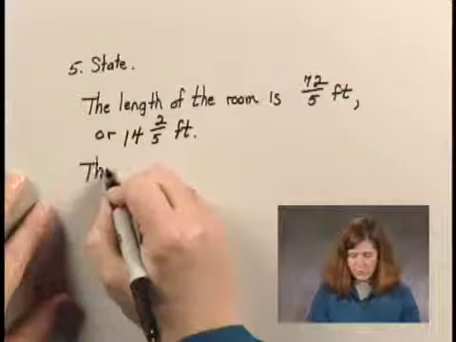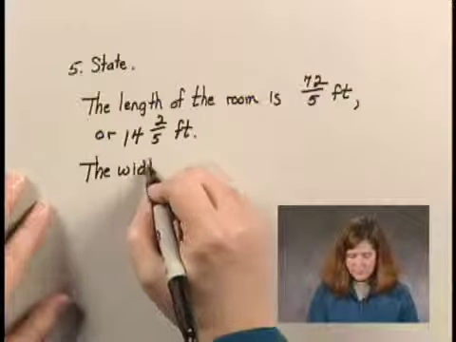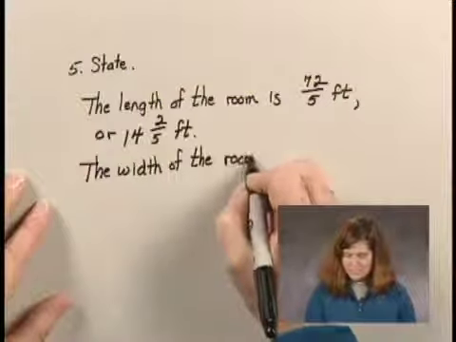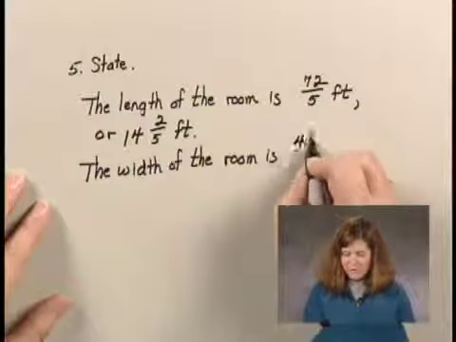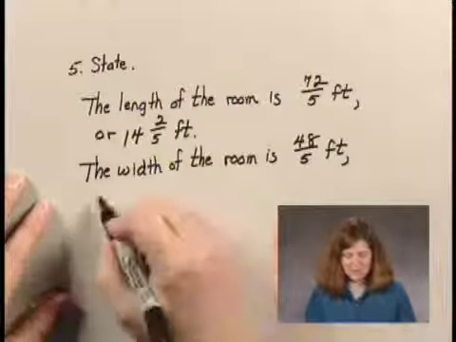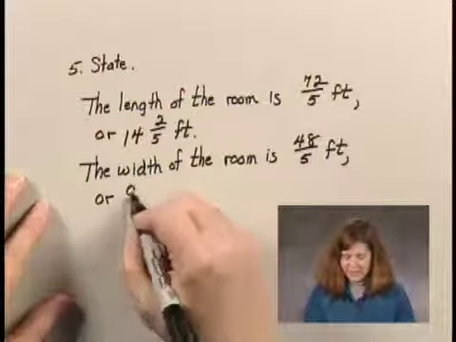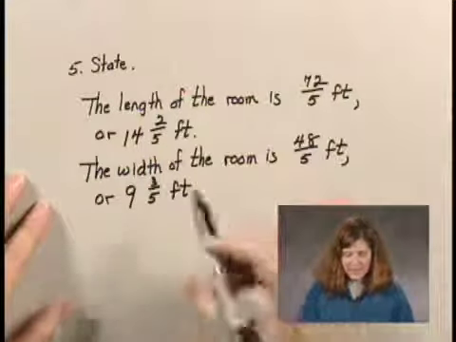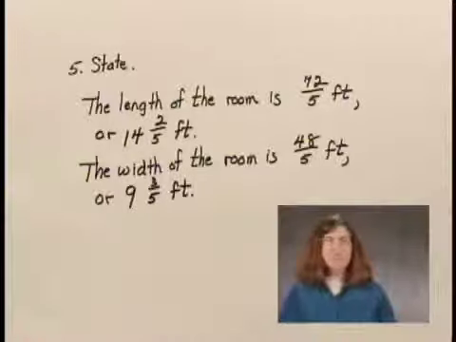And then the width of the room is 48/5 feet. Or if you're going to measure it, it'd be more practical to have that as a mixed numeral. That's 9 3/5 feet. And I've stated the answer clearly, so I'm finished with the problem.